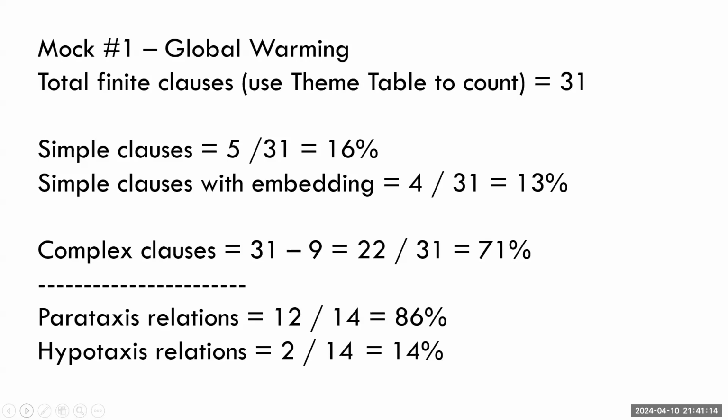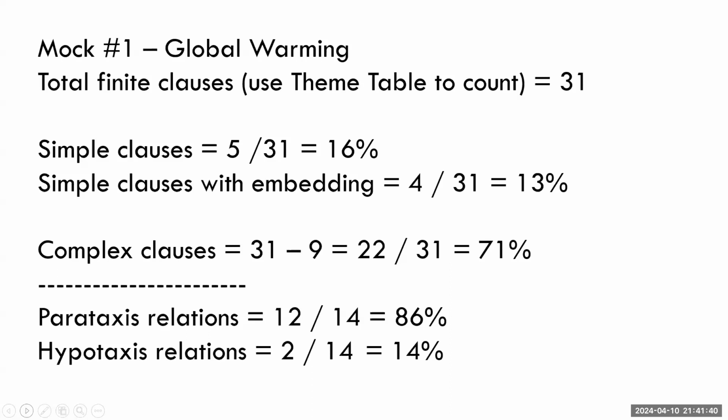Now, simple clauses, I go back to the logical table, and I can see wherever there are no taxis relations, that would be a simple clause. There were 5. Simple clauses with embedding, well, that would also be indicated in the logical table. So I have 31 finite clauses. 5 of them are simple, so 16%.